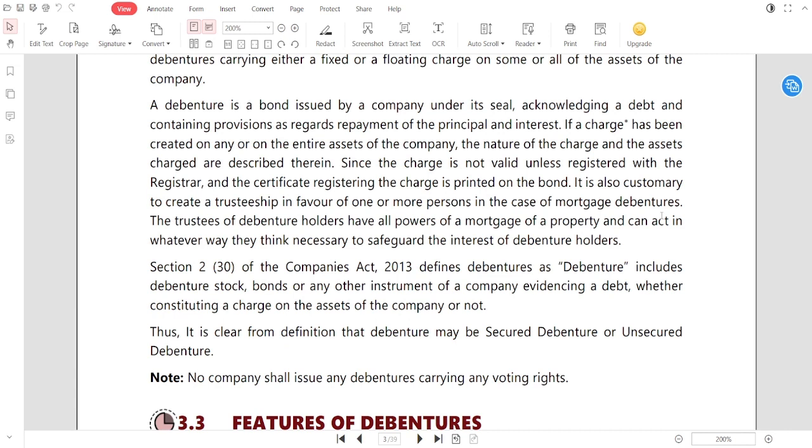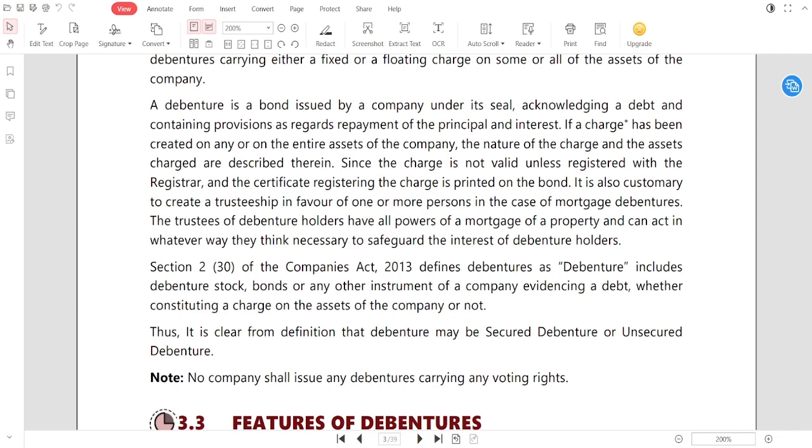It means when a company issues any debenture, it includes debenture stock. Obviously stock means securities, any bond हो सकता है, or any other instrument जो कि debt है, whether it creates any charge on the asset or not.